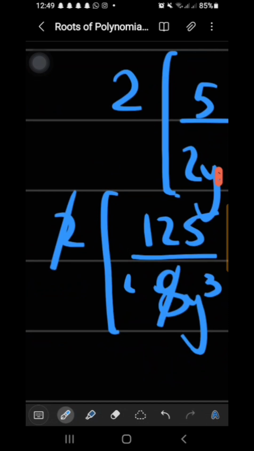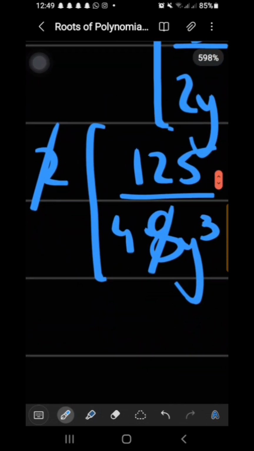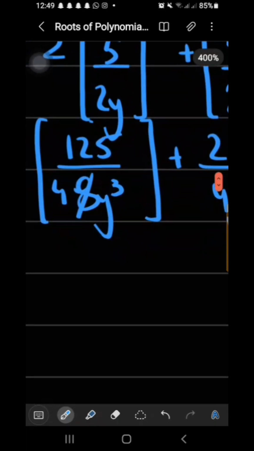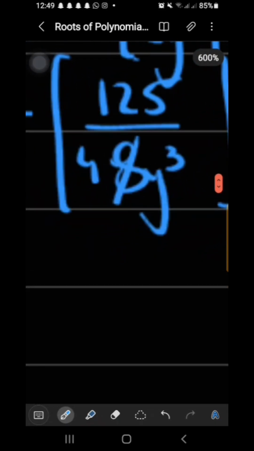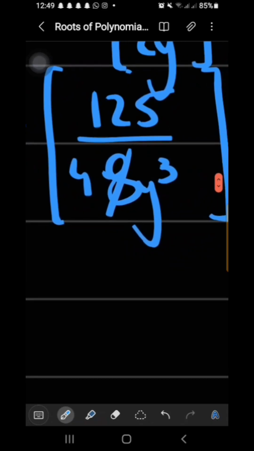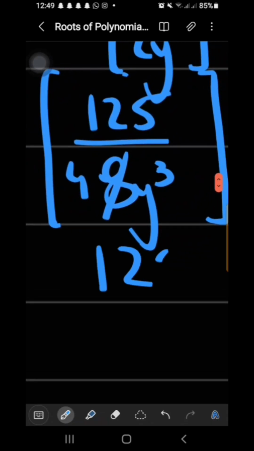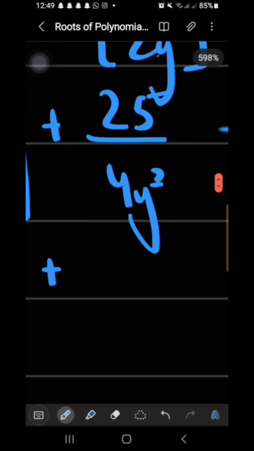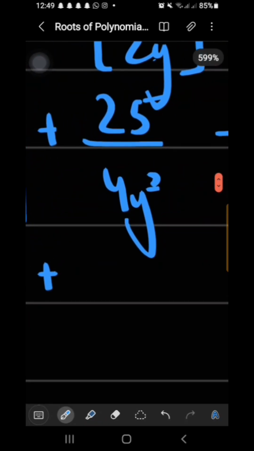Currently it is 4, it will get cancelled, it becomes 4. So we have an LCM here, 4. So we need 4 at each denominator. 4y cube is our LCM. We will write 125 plus, there will be the same, just here the difference of a square.